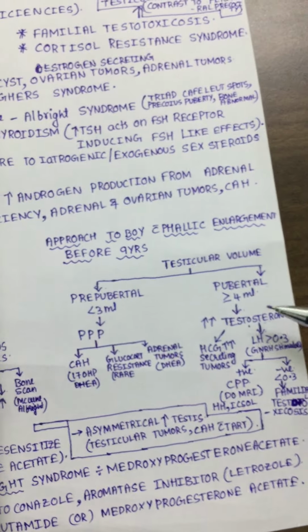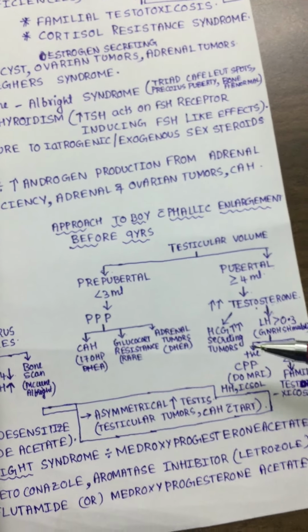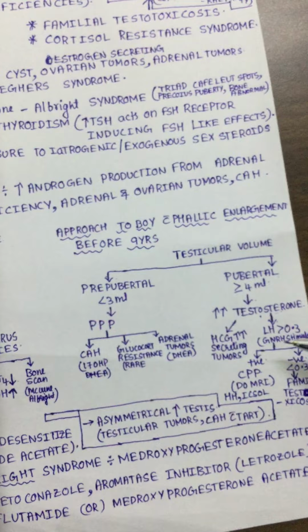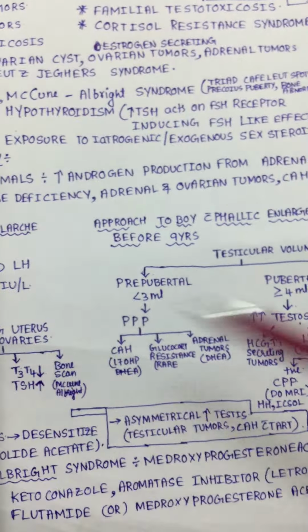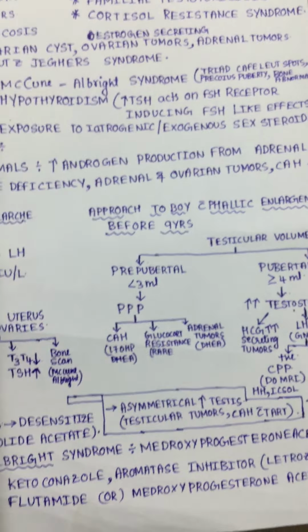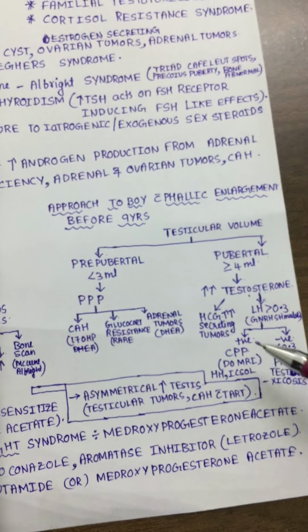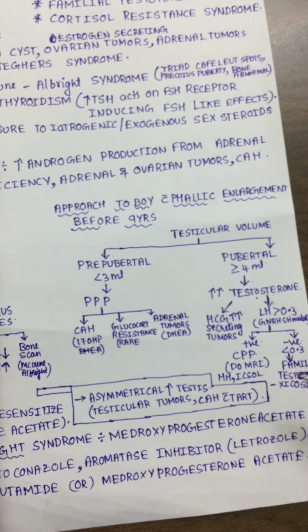In males, testosterone levels, HCG levels and GnRH stimulated LH levels can be checked, and MRI if you suspect central precocious puberty.